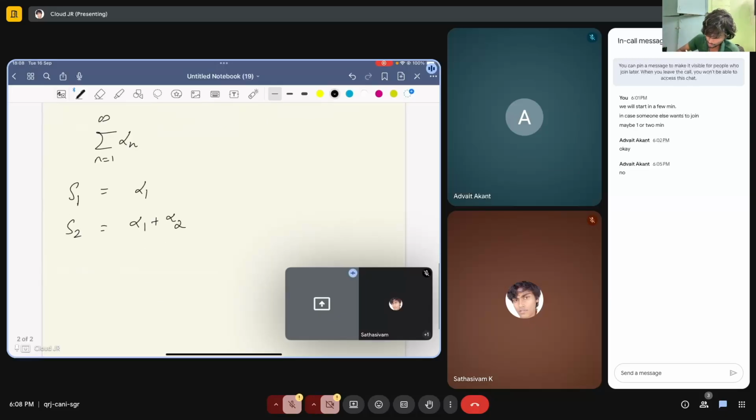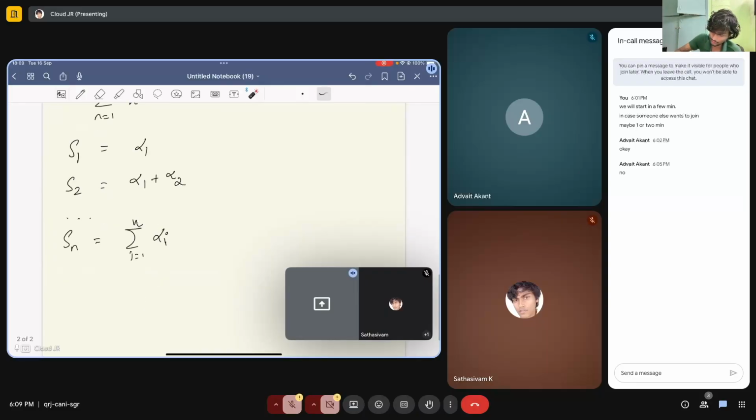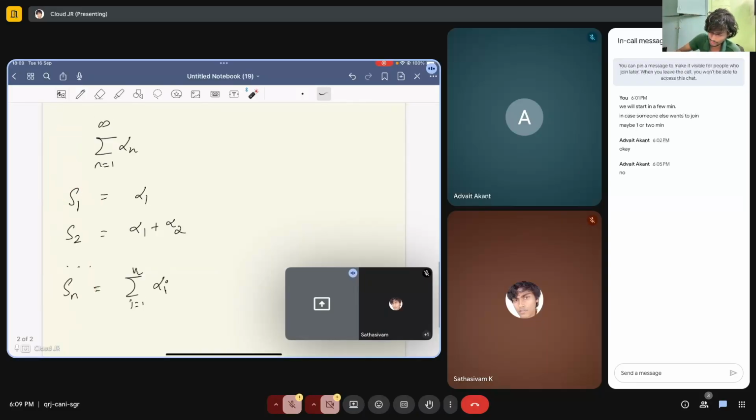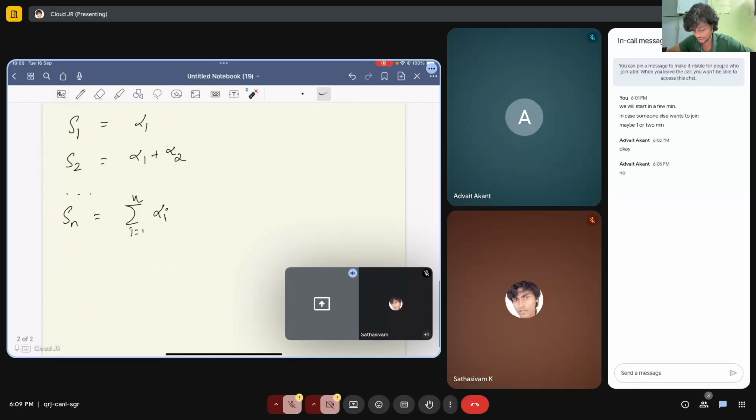Similarly, you take Sn, which is the summation of alpha i, i equal to 1 to n, and then you see if this sequence converges. So the convergence of the series is nothing but the convergence of the sequence of partial sums. Okay, so I'm just recalling this.